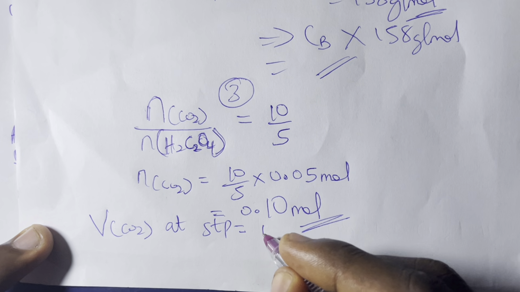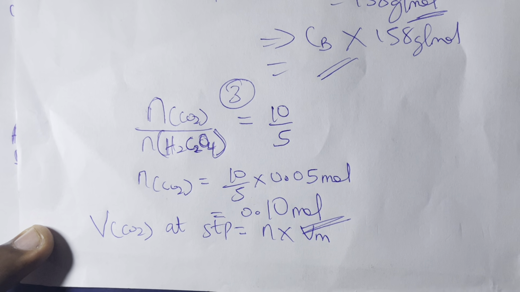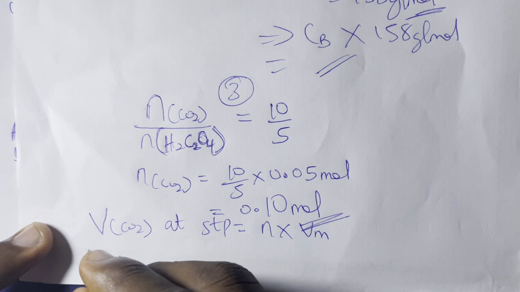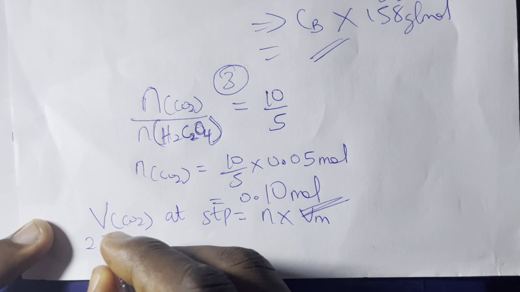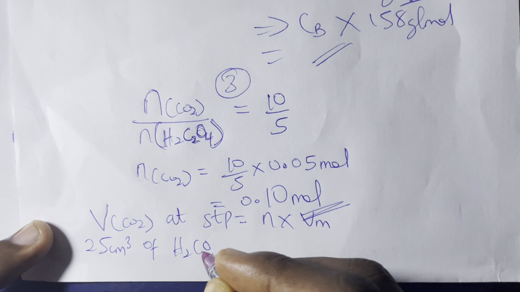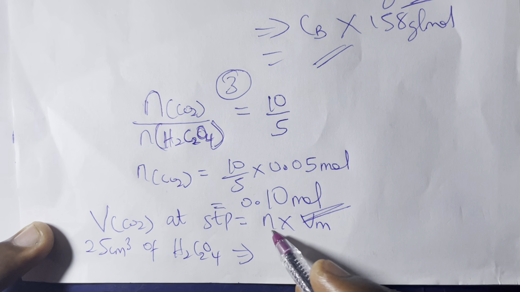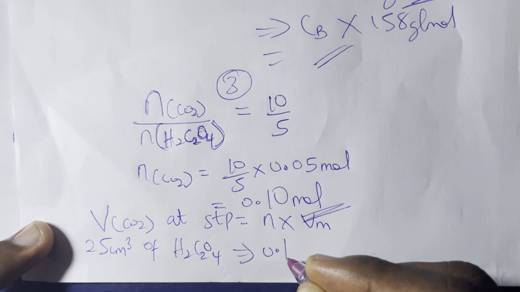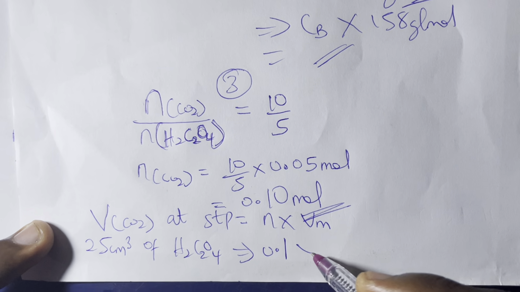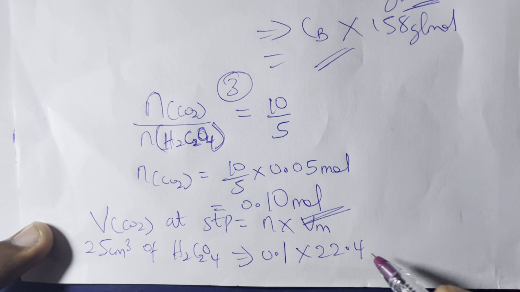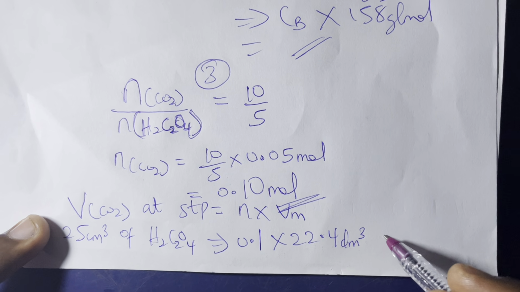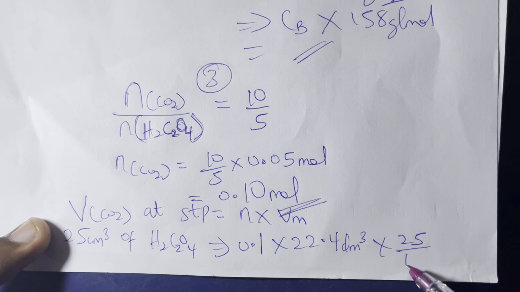That's going to be 0.1, remember the mole is 0.1, multiplied by 22.4 dm cube, multiplied by 25 over 1000.